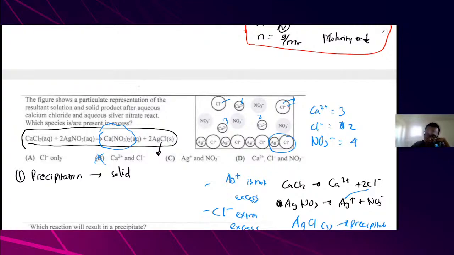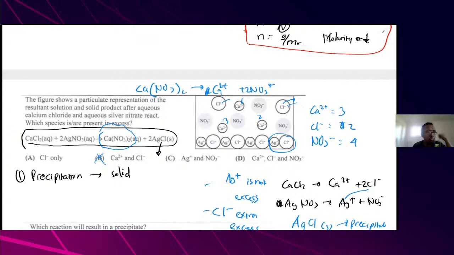So Ca(NO3)2 will be Ca2 plus and then NO3 minus, this is 2.